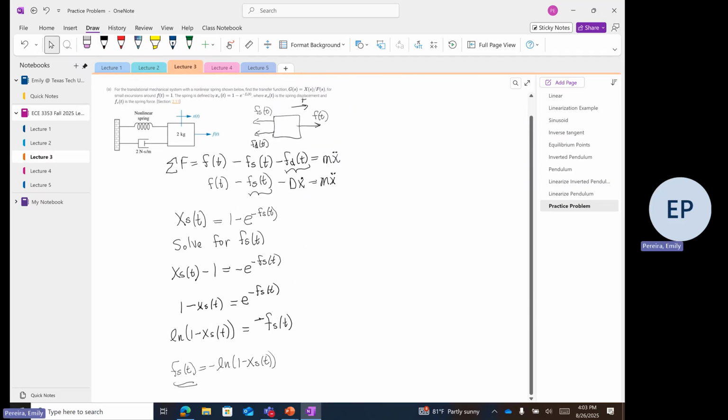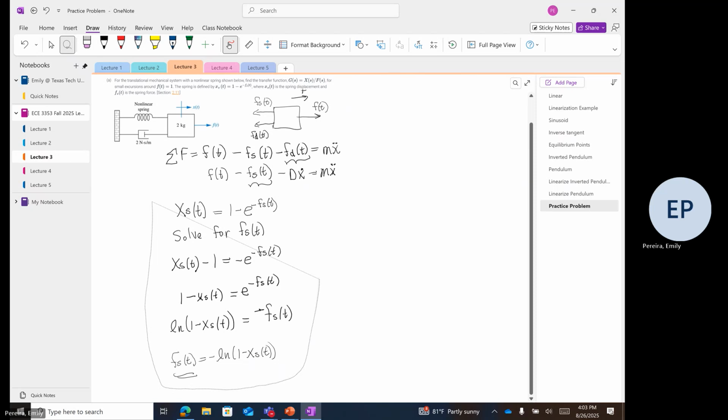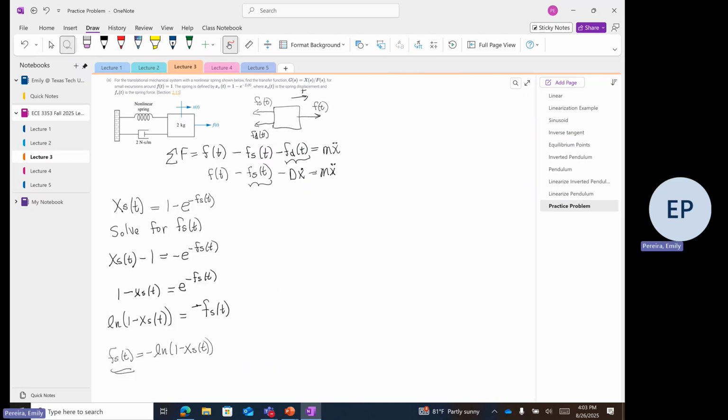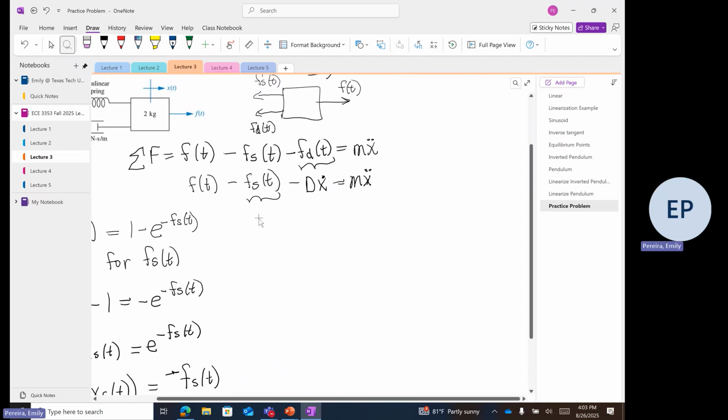So if we rewrite this here, let me move this a little bit. So this is the function we just found: negative log of 1 minus x of st.